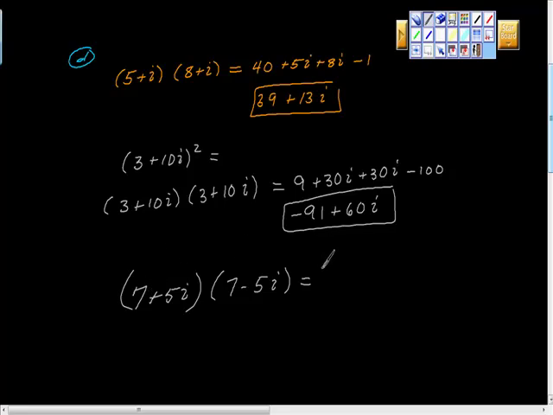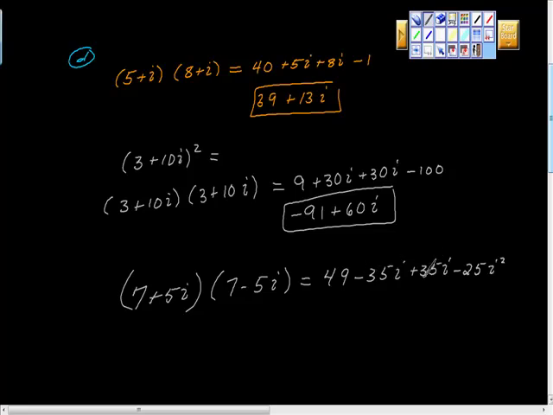Ready? 7 times 7? 49. 7 times negative 5i, negative 35i. 5i times 7, positive 35i. See how it's going to go away there? Positive 35i. And then lastly, 5i times negative 5i, negative 25i squared, right?